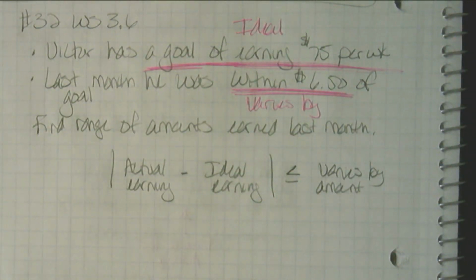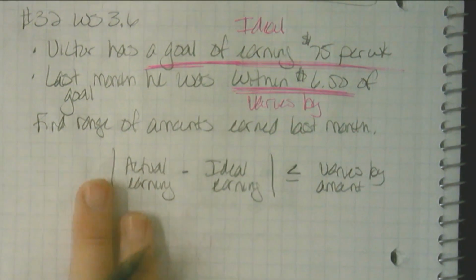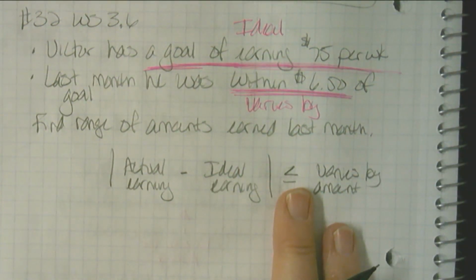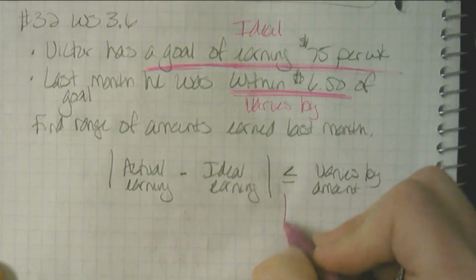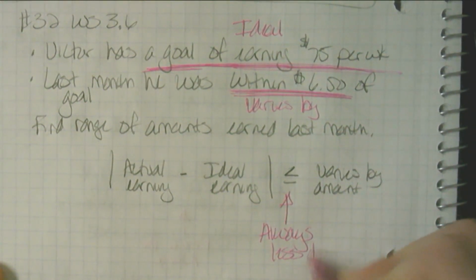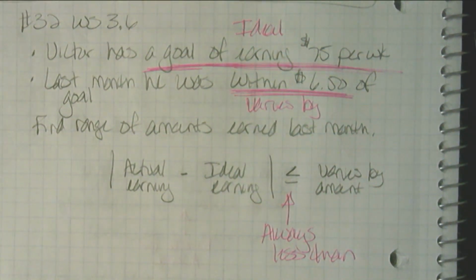That will always be the case. It will always be the actual minus the ideal and the absolute value. It will always be a less than or equal to. Always. This is always a less than. Because we're looking to find the maximum and the minimum. It couldn't possibly be an or. It's always going to be an and or a less than.